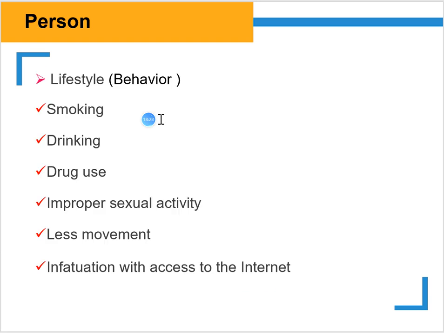Lifestyle is an important factor affecting health. Many bad lifestyles or behaviors, such as smoking, drinking, drug use, improper sexual activity, less movement, and infatuation with access to the internet, can lead to the occurrence of many diseases.